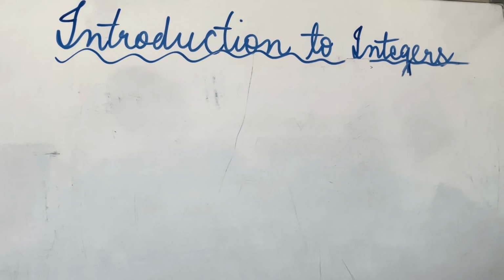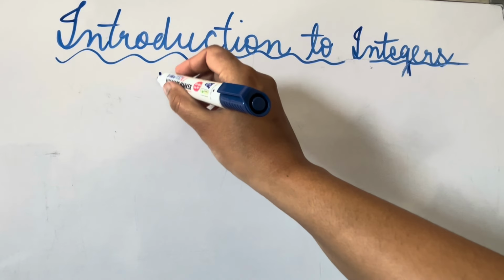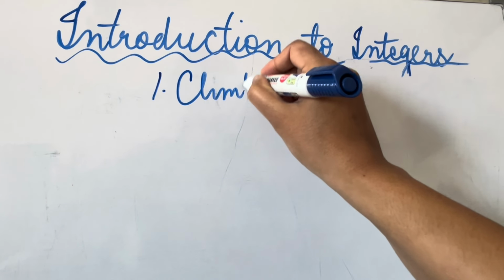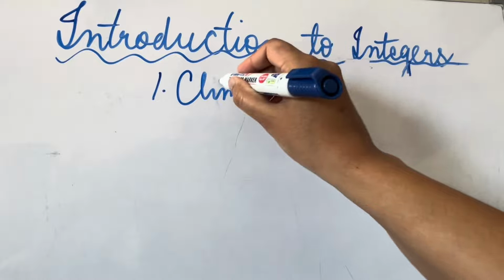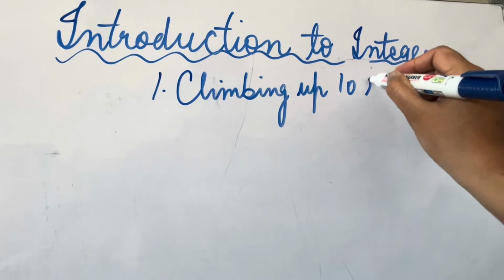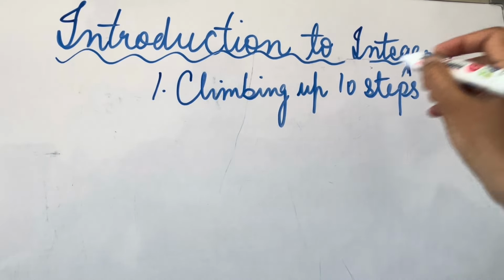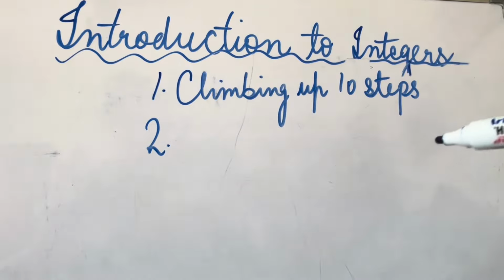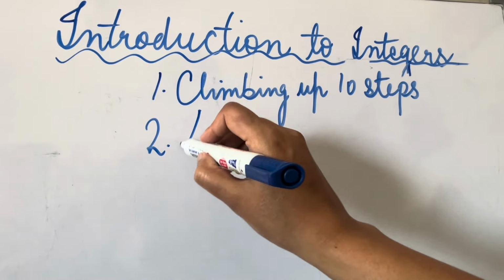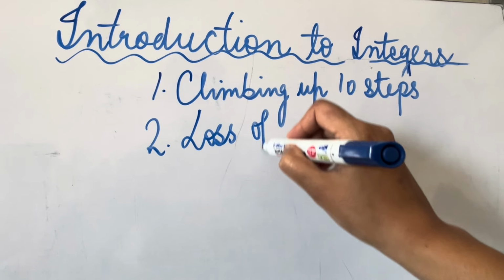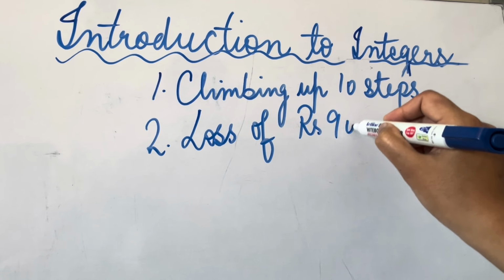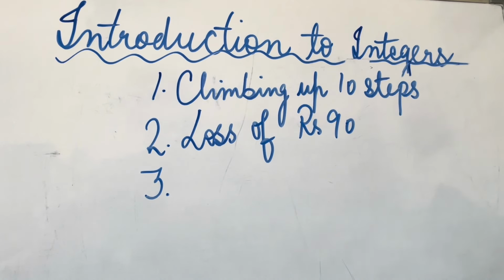First thing, climbing up 10 steps. Think of positive or negative. Then I'll write down loss of rupees 90.